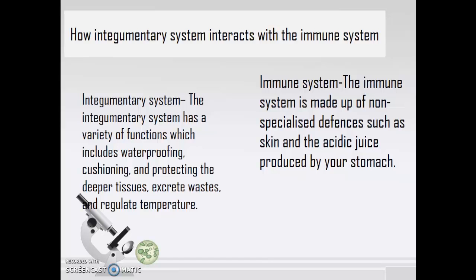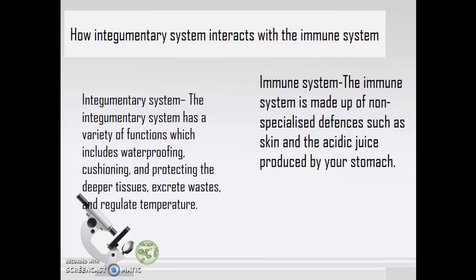Now when it comes to the immune system, in simple language, I would say that it protects our body against germs and infections. The immune system is made up of non-specialized defenses such as skin, which forms the body's first line of defense, and acidic juice.